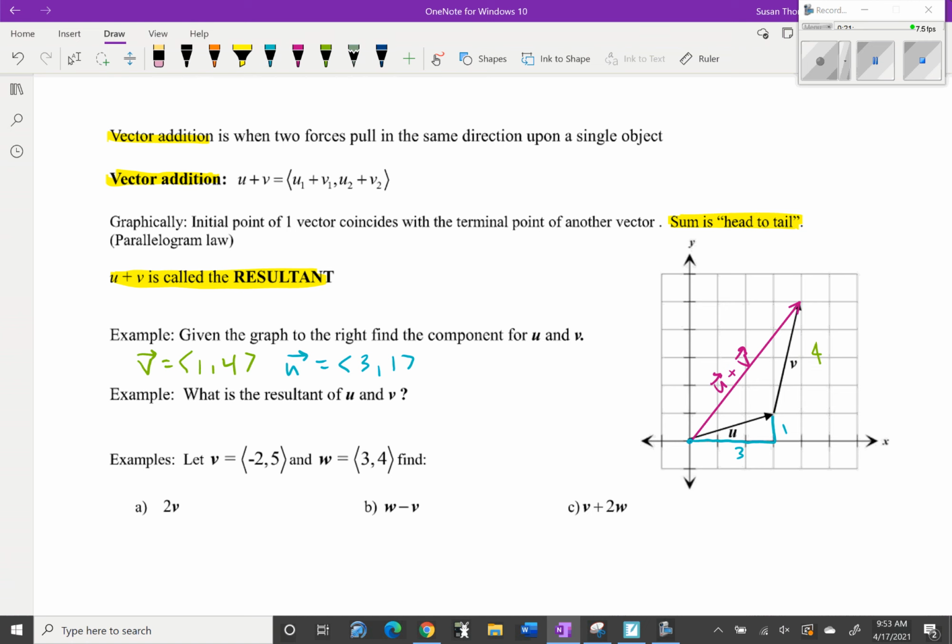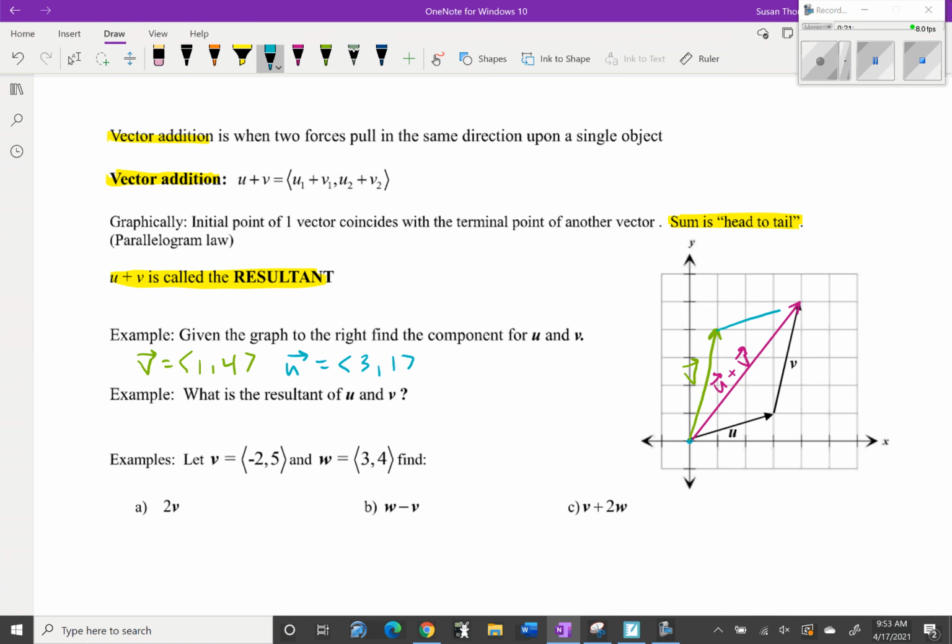So I'm going to go ahead and, over here, if I were to instead go over 1, up 1, 2, 3, 4, that would give me my vector v, and then vector u is over 3, 1, 2, 3, up 1.